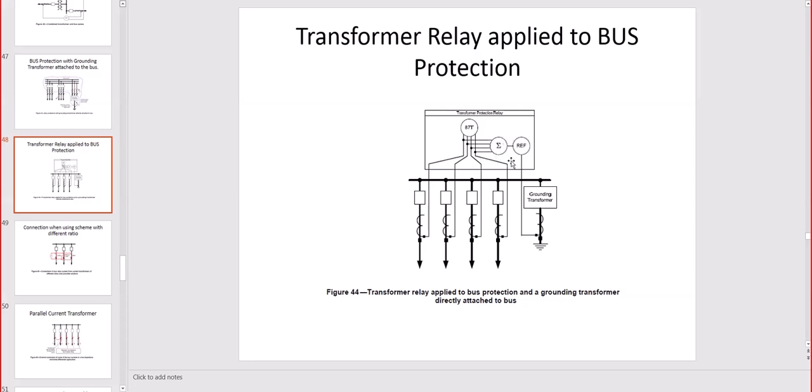The summation of this is REF, typically marked as restricted, 64 REF, and that is the ground fault detection via zero sequence component. So the summation of the currents is done in the relay.